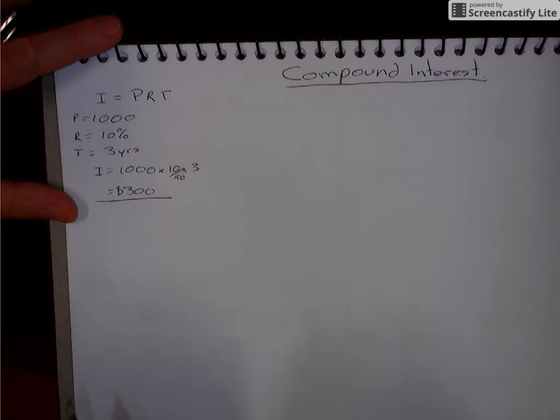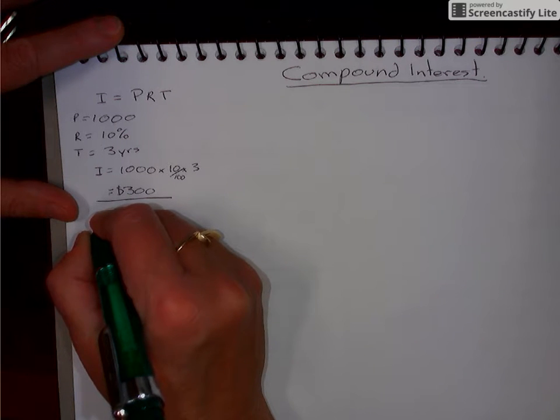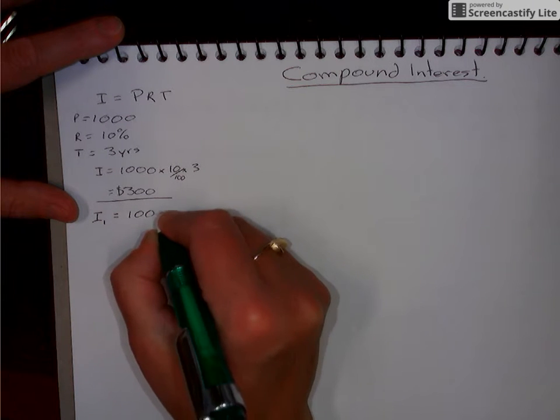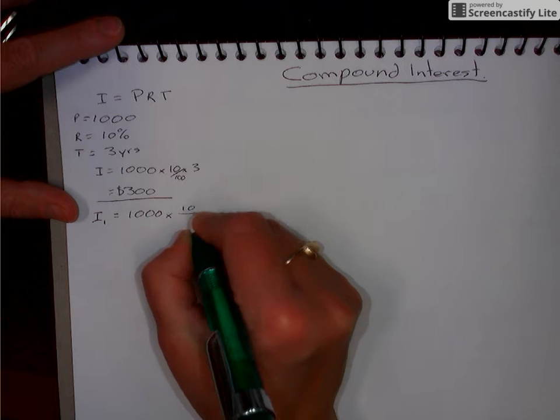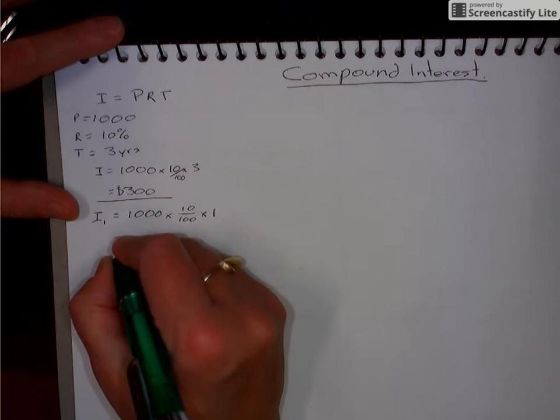If I calculated the interest each year and then compounded that, so if I started off after the first year, my interest after the first year is 1,000 times 10% times 1 year. That's our first year.